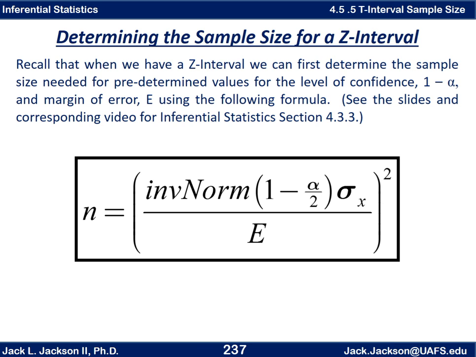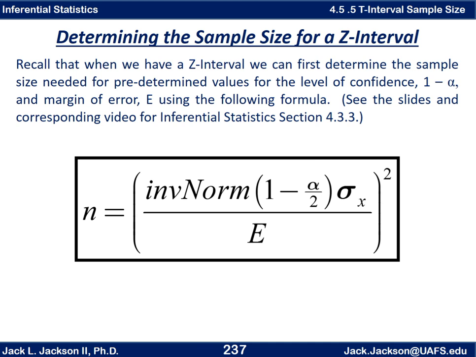So recall that when we have a z-interval we can first determine the sample size needed for predetermined values for the level of confidence, 1 minus alpha, and the margin of error e using this formula. Take the inverse norm of 1 minus alpha over 2, multiply by the known population standard deviation, sigma of the x's, or just sigma, divide that by the margin of error that we want to use, e, then square the whole thing.